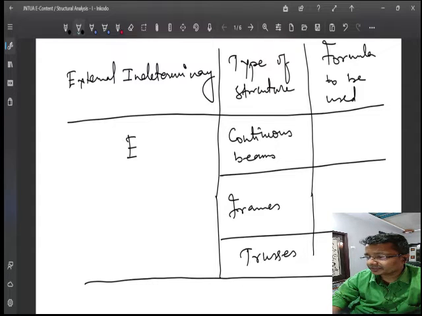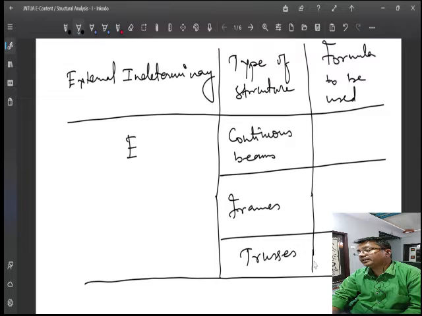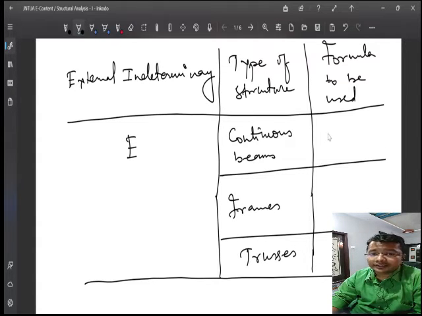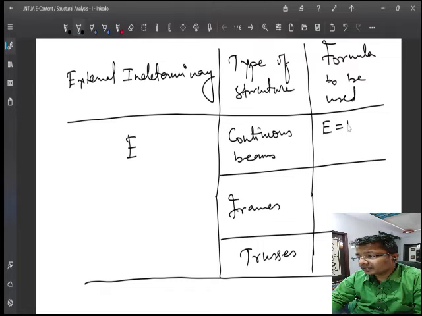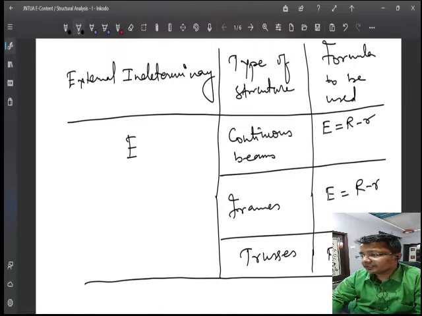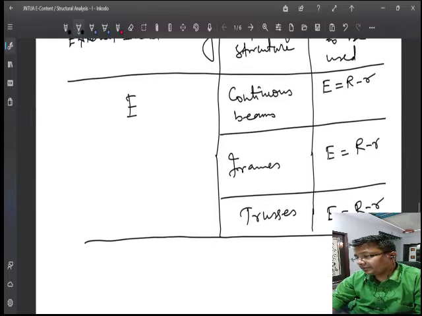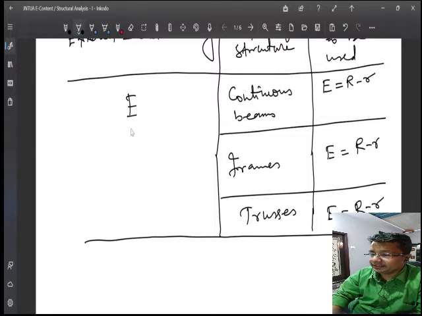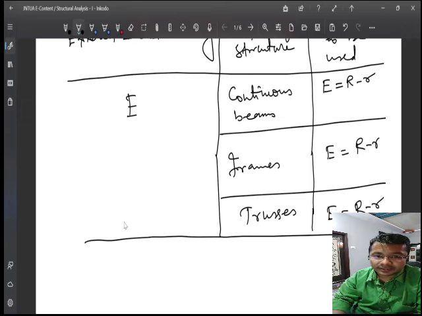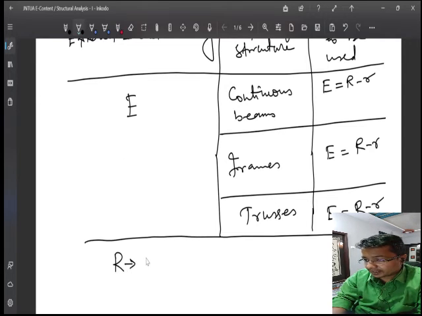For these types of structures, the formula we can directly use in order to determine the external indeterminacy is E equals capital R minus small r. The same formula we will use to calculate the external indeterminacy of any structure. E is the external indeterminacy, as I said.